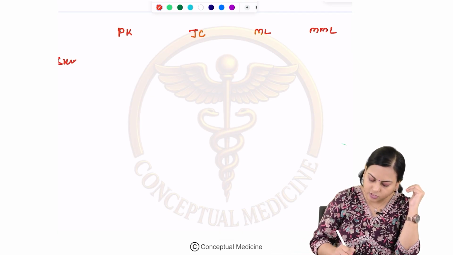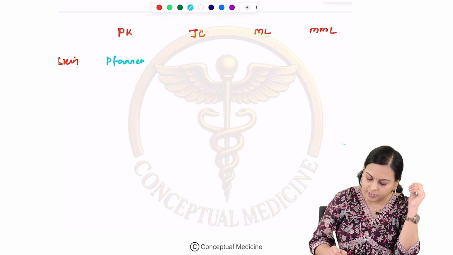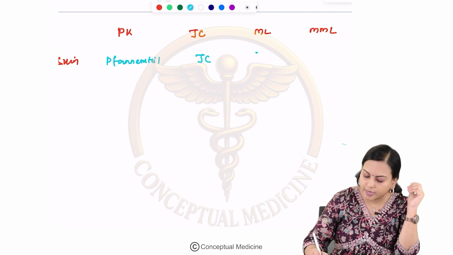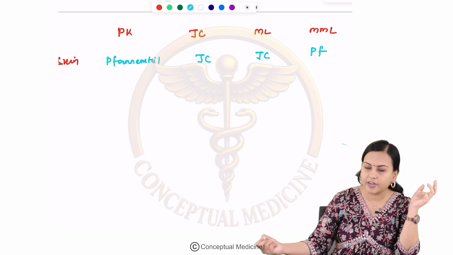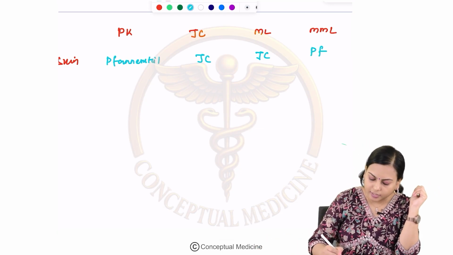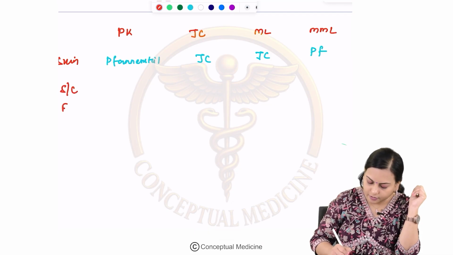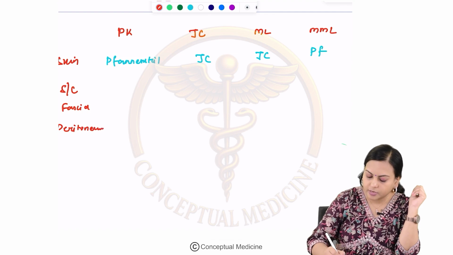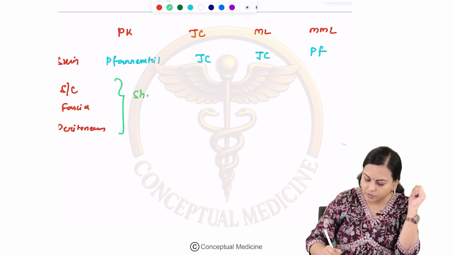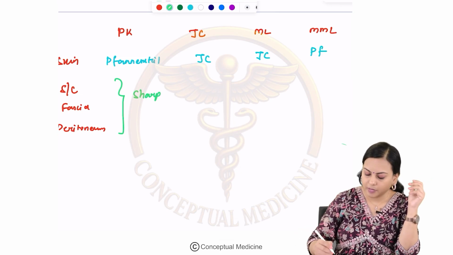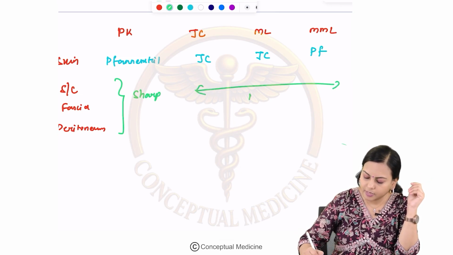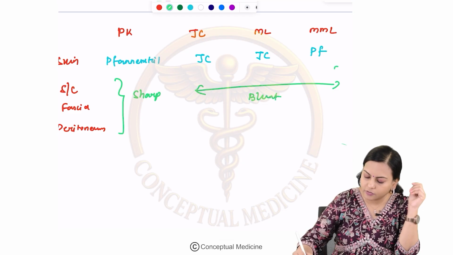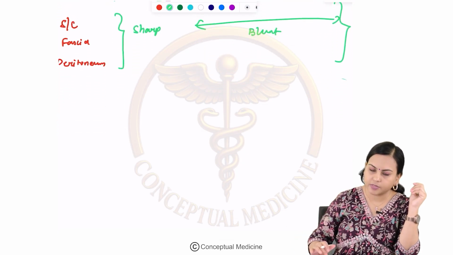If you see the skin incision, in the Pfannenstiel type we will be giving a Pfannenstiel incision, whereas in Joel Cohen and Misgav Ladach we will be giving a Joel Cohen incision, and in the modified Misgav Ladach technique we will be giving a Pfannenstiel incision again. Then for the subcutaneous layer, fascia and the peritoneum, we'll be doing a sharp dissection in the Pfannenstiel type, whereas we'll be doing a blunt dissection in Joel Cohen, Misgav Ladach and the modified Misgav Ladach technique.